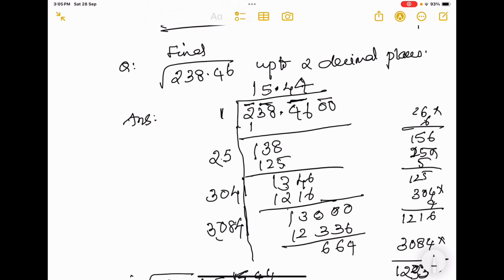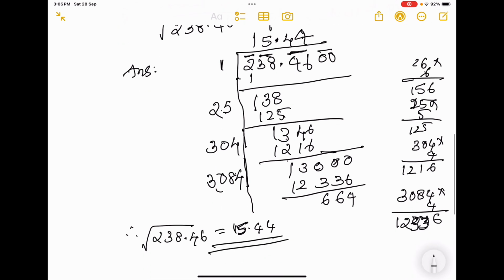From 308 you keep the 3 and divide 13 by 3. Then we get 4. 3 4s are 12. Then if you write 4 near 308, we get 3084 into 4. If you multiply it, 4 4s are 16, 4 8s are 32 plus 1, 33, 4 zeros are 0 plus 3, 3 4s are 12.